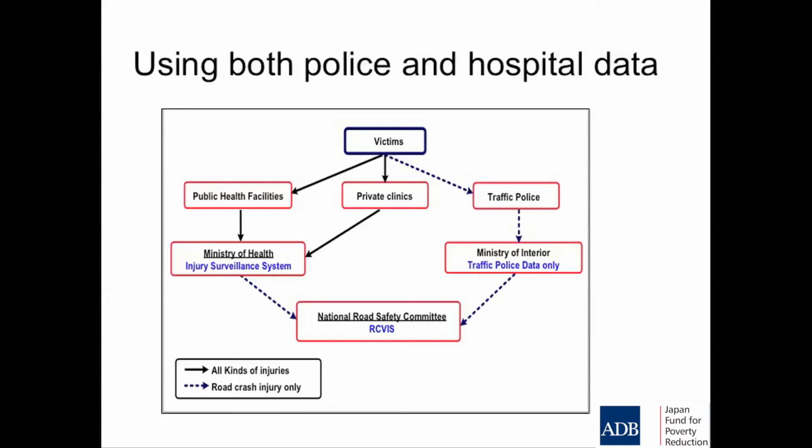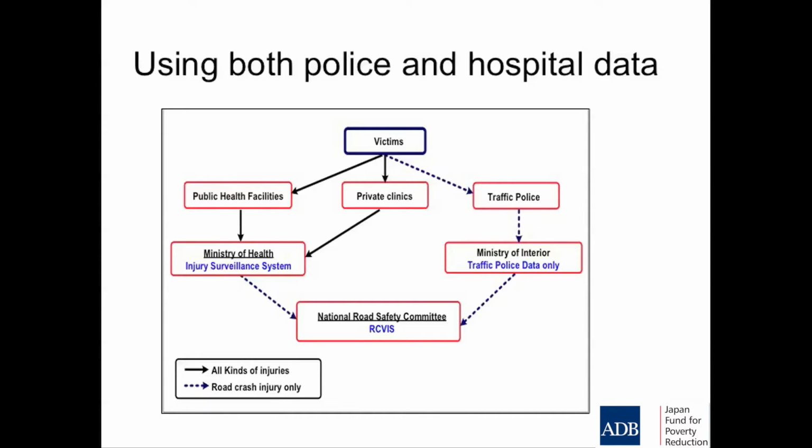The police may or may not be involved and fill out a report, so we may get some information from the police. And in the case of Cambodia, this is fed into the Ministry of the Interior, just the traffic police data only, and then that gets into their National Road Safety Committee and into their database. The police may not be aware of some of these crashes that occur, but people may go to a public health facility or to a private clinic.